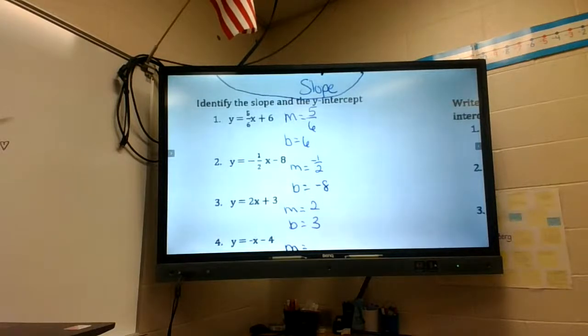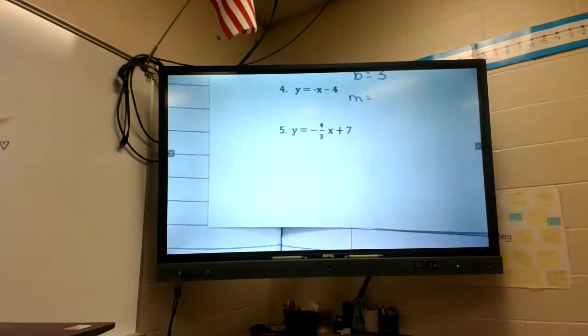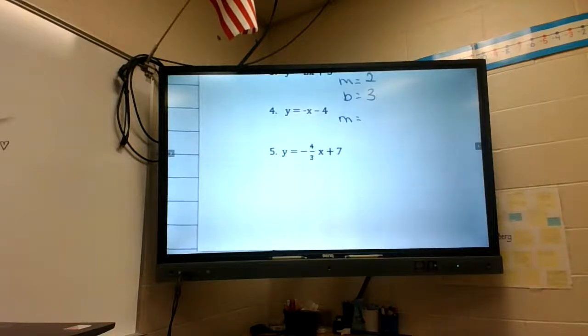How many people agree that it's 1? Will says sure. Daisy? I think it's 1 because last year we learned that just the letter or just one thing equals 1. How many people agree it's 1? How many people think it's not 1? Bendler, I love it. What do you think it is? -1. You are correct, sir.